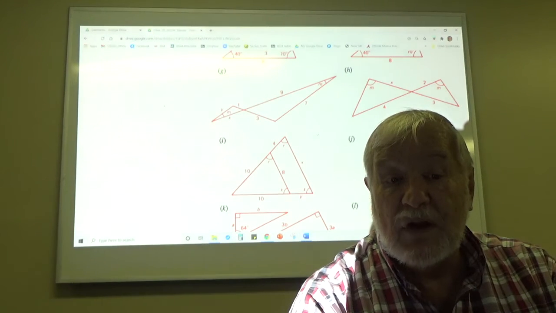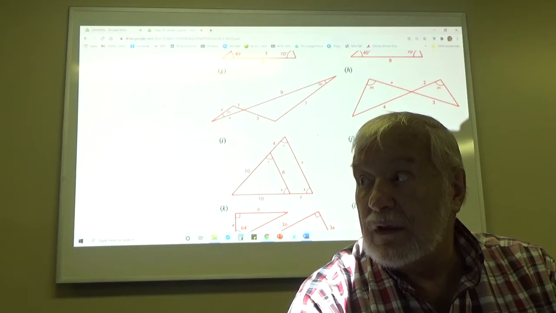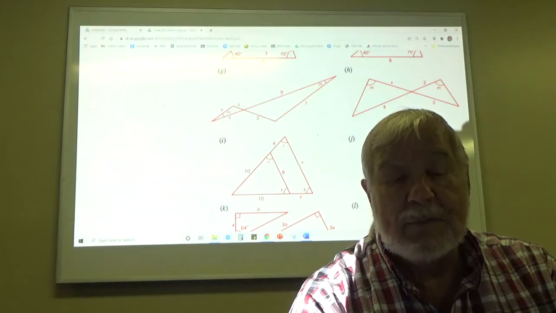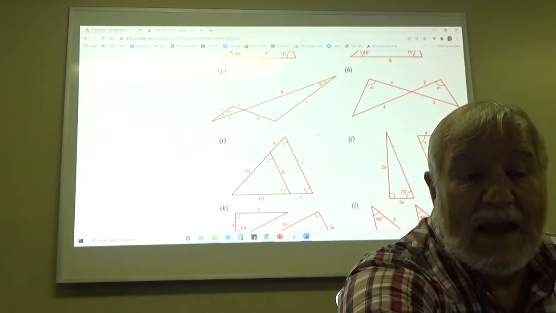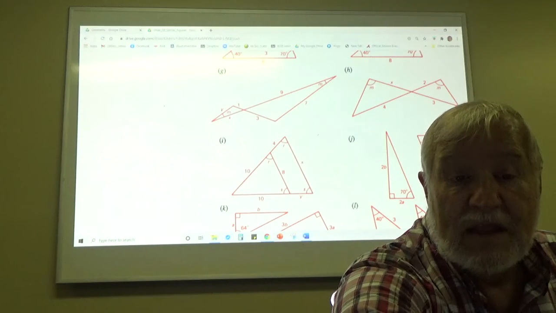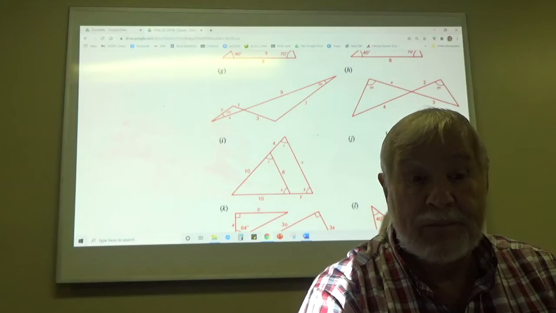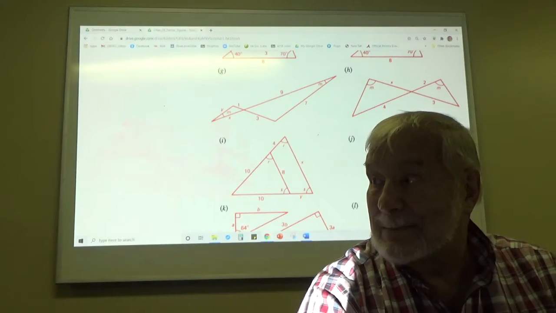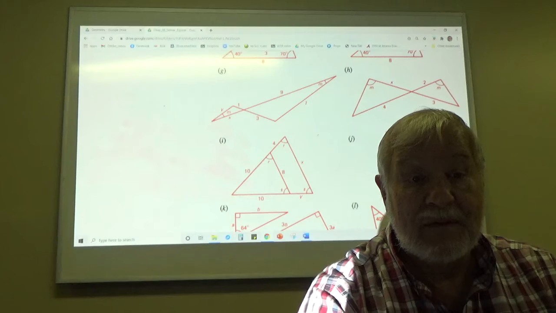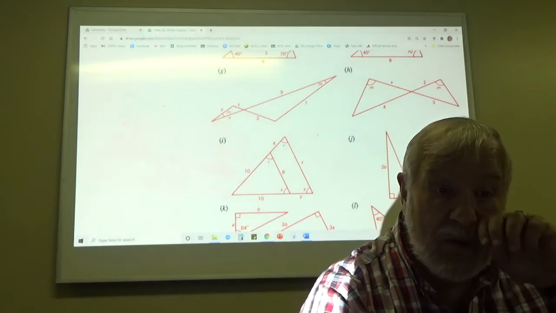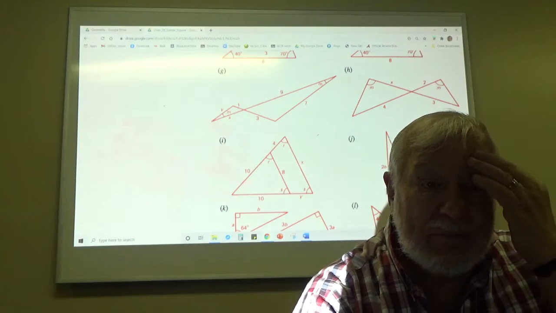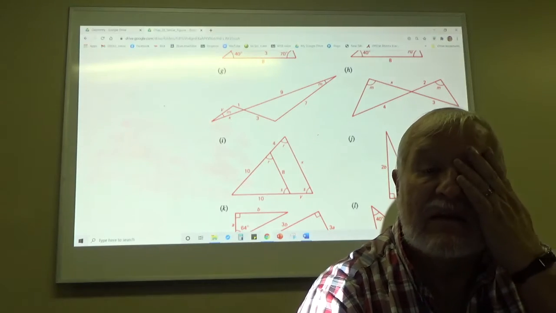In the other triangle, the 2 is on the, I'm sorry, in the first triangle, the x is on the left side. In the second triangle, the 2 is on the right side. All right, so are you going to have proportions with that?